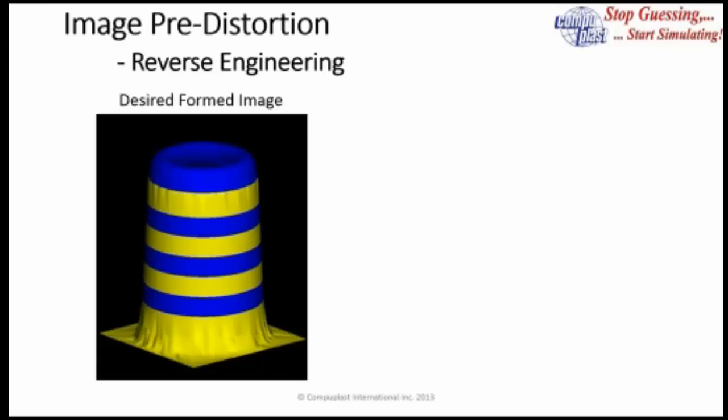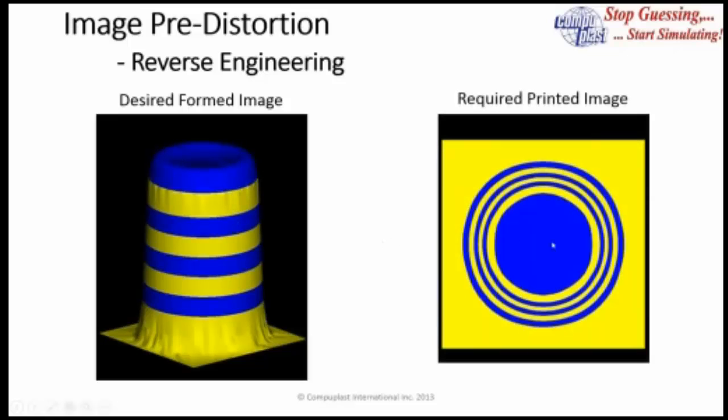And through a process of reverse engineering, what we can do is we can directly map this back to the initial sheet shape and say, if we're going to make a part that looks like this, this is what we need to print on the sheet prior to forming. So this can be very, very helpful when you're making a pre-printed sheet and want the image to appear a certain way.